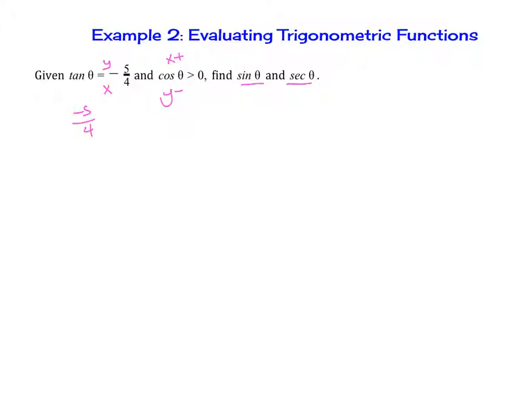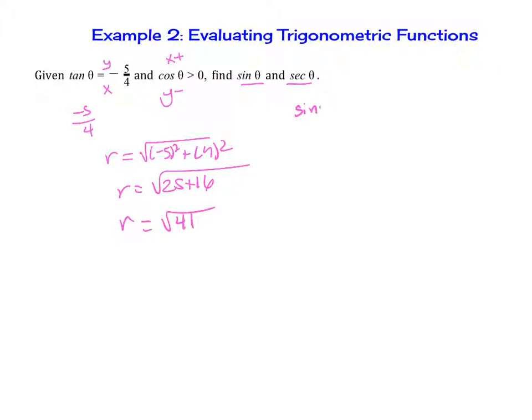So what we want to do is figure out our radius. Given our x and y, the radius equals the square root of negative 5 squared plus 4 squared. So this is the square root of 25 plus 16, or the square root of 41. So the sine of theta is y over r.